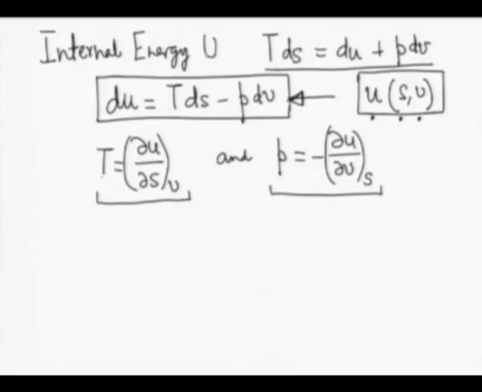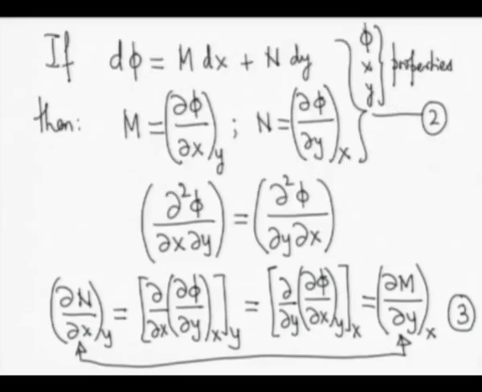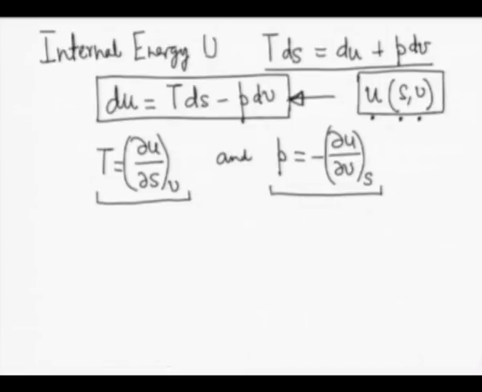Remember, T now happens to be the first partial derivative of U with respect to S, volume maintained constant, and minus P is the first partial derivative of U with respect to V when entropy is maintained constant. It is now time for us to apply the third relation and see what we get. Now what we have to do is take this first derivative represented by T, differentiate it with the second derivative when the first derivative is maintained constant.